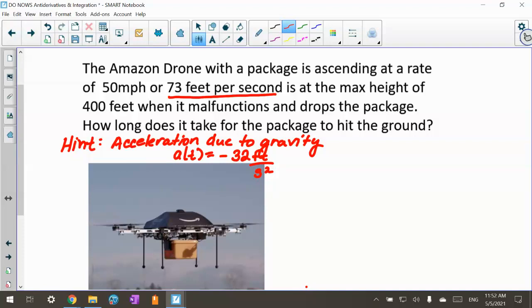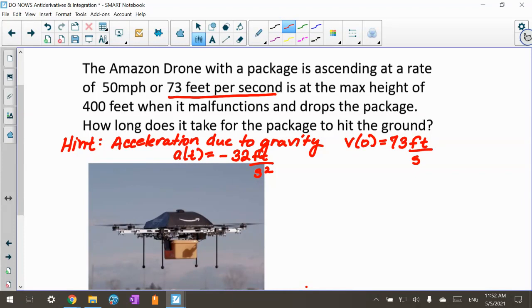All right. The other thing they told us is that it's ascending at a rate of 73 feet per second. So I know the velocity when time is 0 is going to be 73 feet per second. So the initial velocity is 73 feet per second.